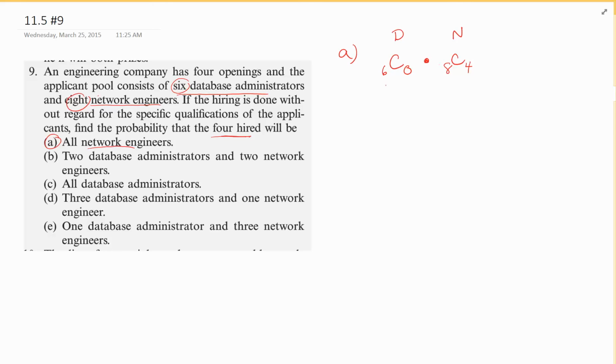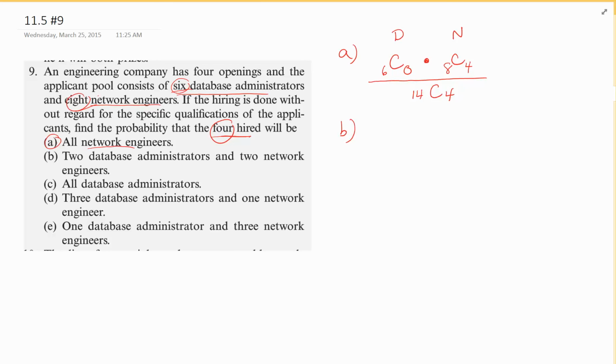Since this is a probability and not just a question saying find the number of ways, then you're going to divide by the total number of ways to pick 4 people from the total you have to pick from here, which is 14. So you have 6 database and 8, so that's 14 people. So my denominator is 14 total people and I'm picking 4. So that's how you would set up A.